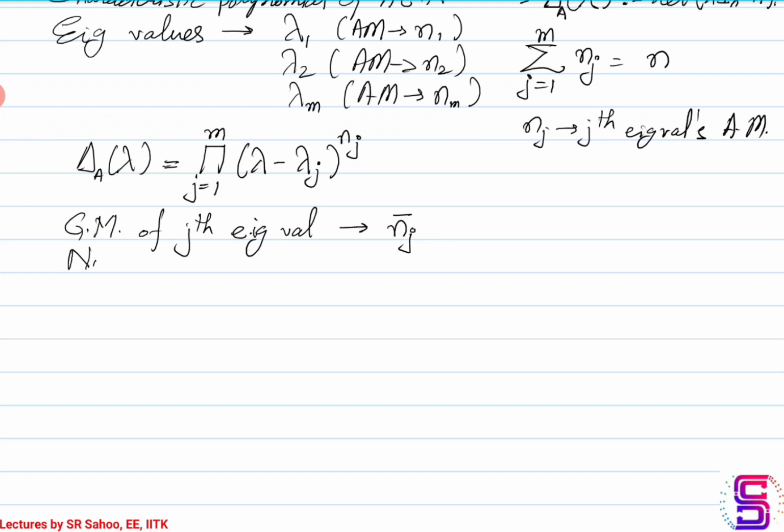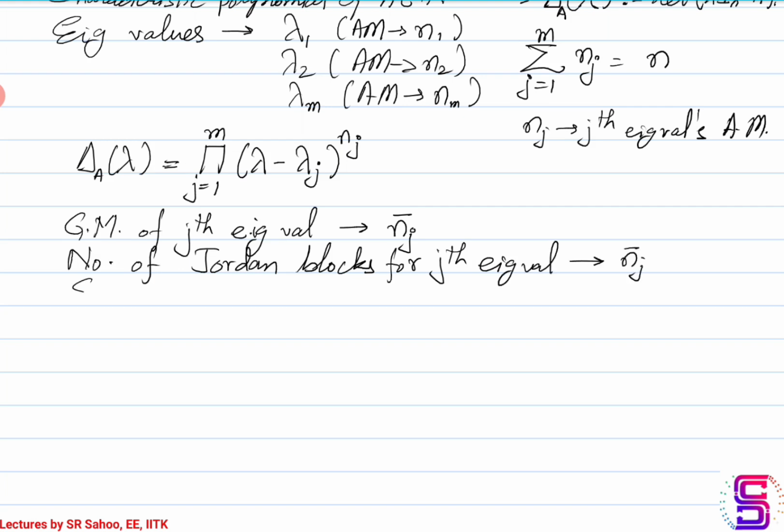The number of Jordan blocks that are associated with the jth eigenvalue is also the same as the geometric multiplicity, and hence nj bar.